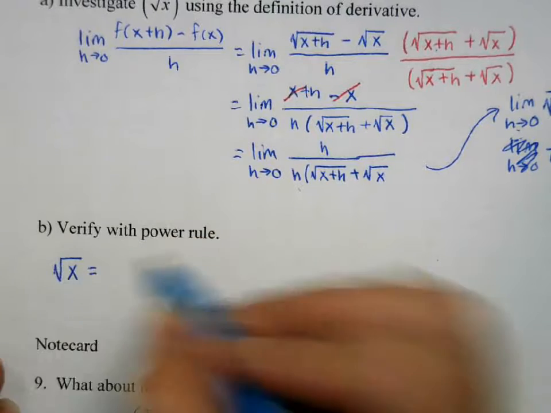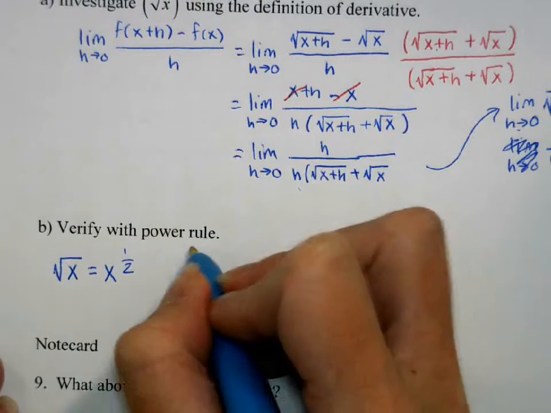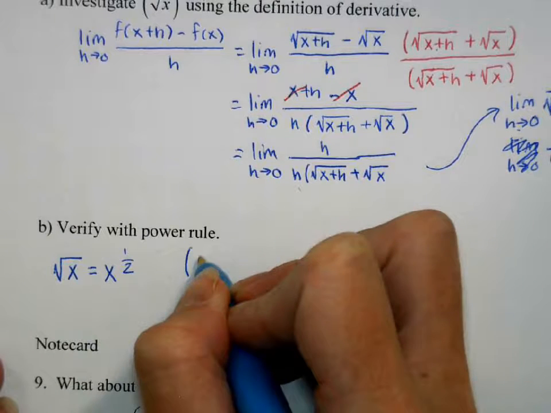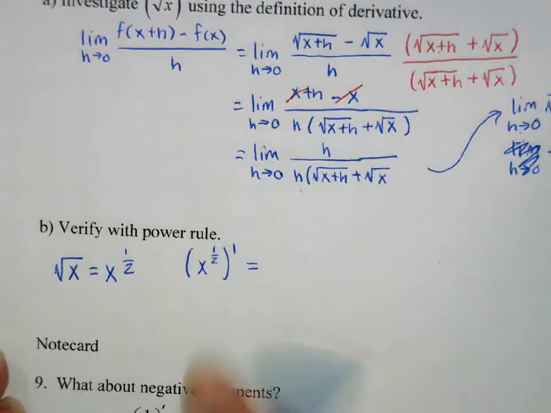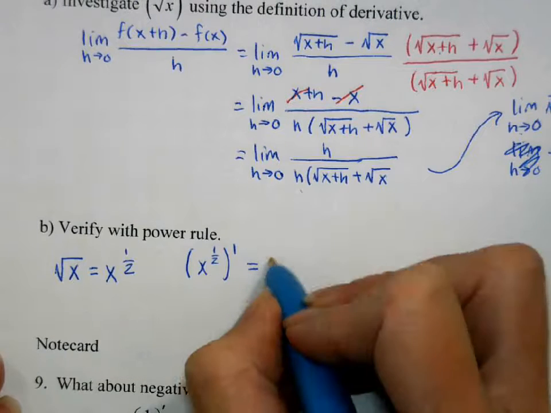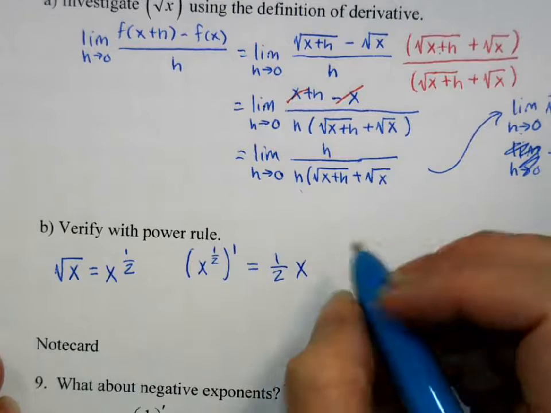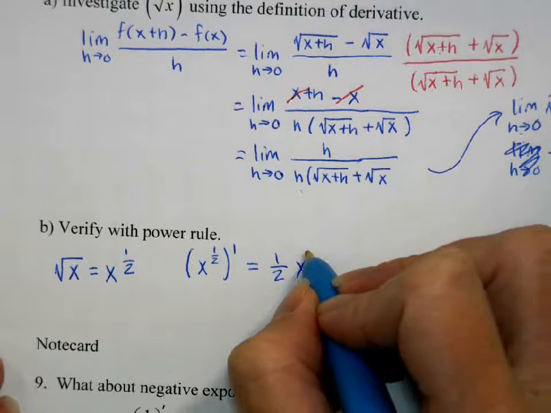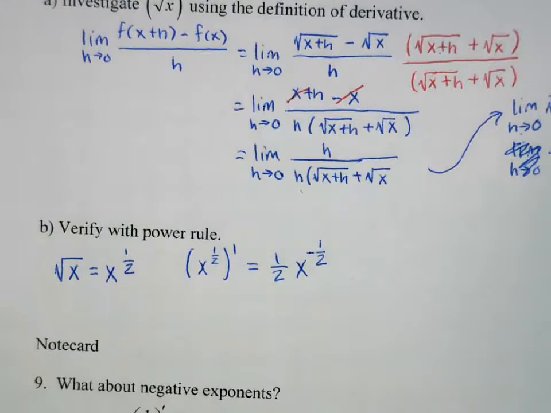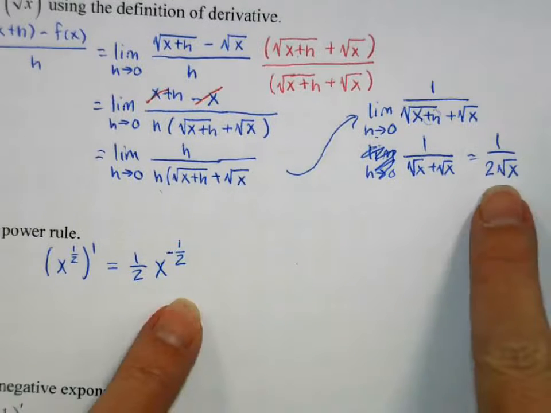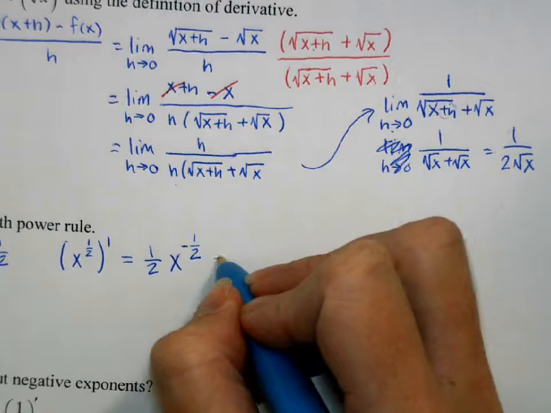So if I apply the power rule to x to the 1/2, I'm going to multiply this power down. So that would be 1/2 x, and then subtract 1. 1/2 minus 1 is going to be a negative 1/2. Okay, well, those don't look the same, so let's do more. This is going to be the same as 1/2 times 1 over x to the 1/2.